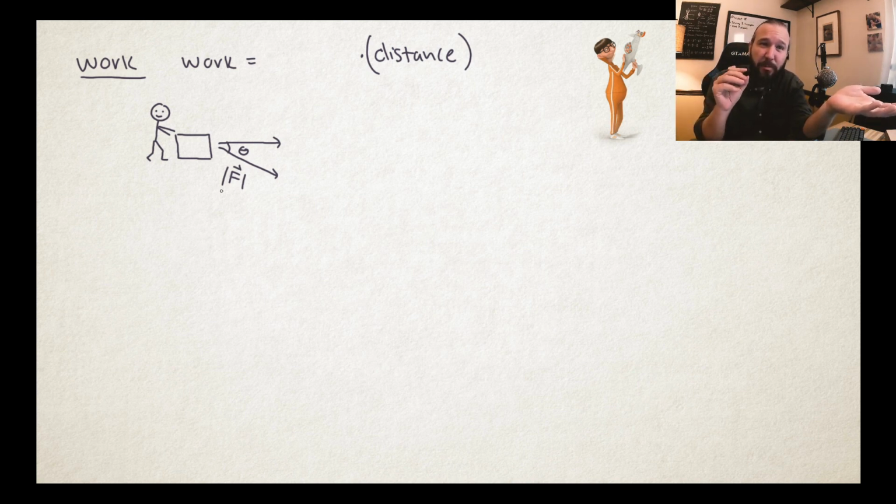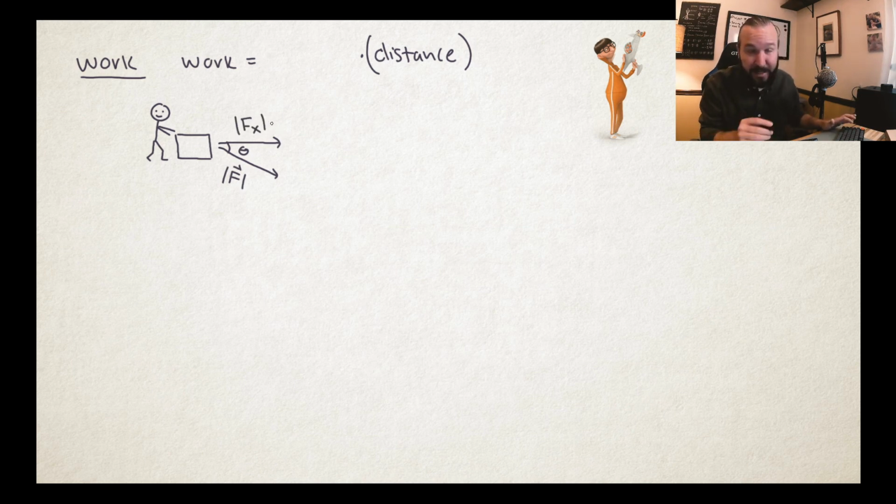So the actual amount of force that he's using to push the box is just the horizontal component of the force. So that's this thing right here, right? So this is actually the amount of force that he's pushing with on the box. So the horizontal component is just going to be the magnitude of the force times the cosine of the angle between them.